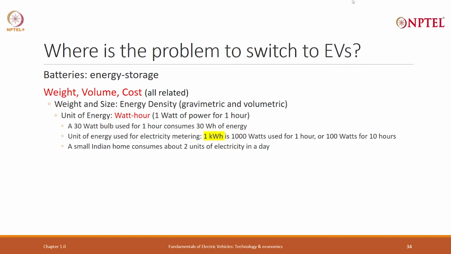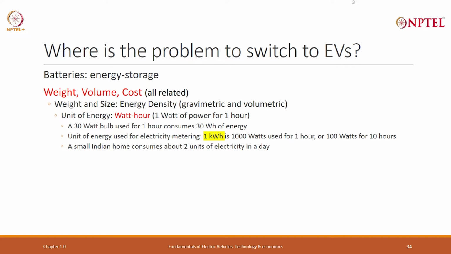So, they are related quantities. Weight and size, which is energy density, is called gravimetric and volumetric energy density. Gravimetric is in terms of watt hour or kilowatt hour per kg, and volumetric is watt hour per liter, kilowatt hour per liter. So, both these energy densities are bad, weight and size both are bad.